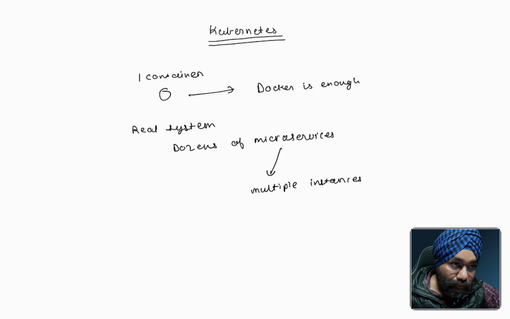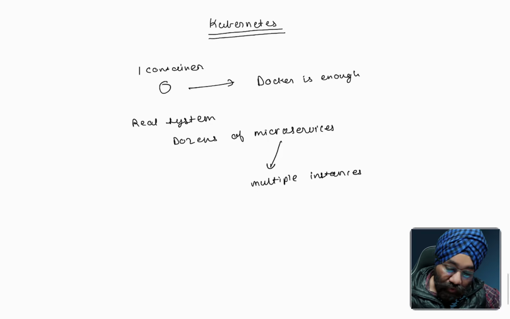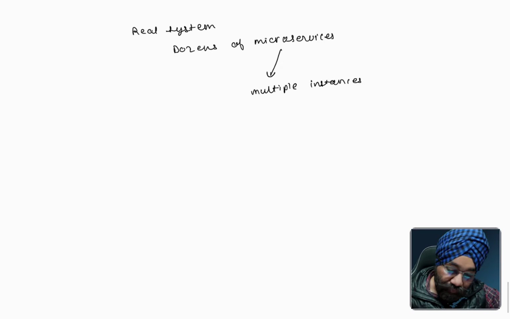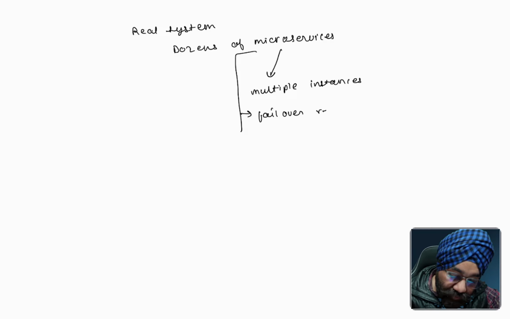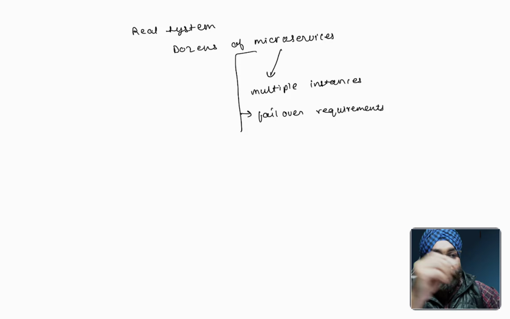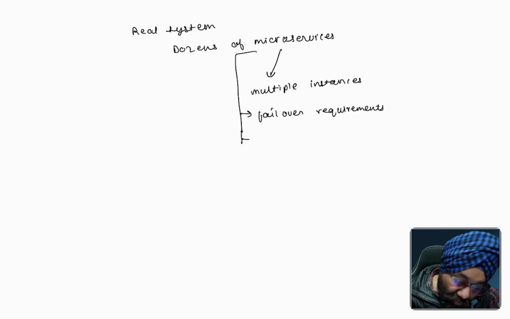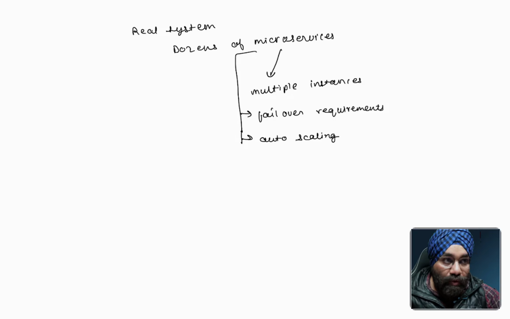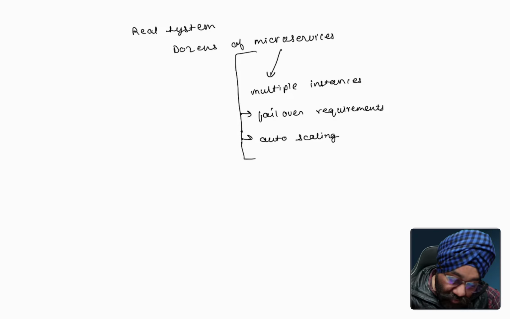Then there will also be failover requirements. What happens if a microservice fails? How does it recover from that state? This also needs to be specified. Then there is auto scaling as well. And then there is also zero downtime.